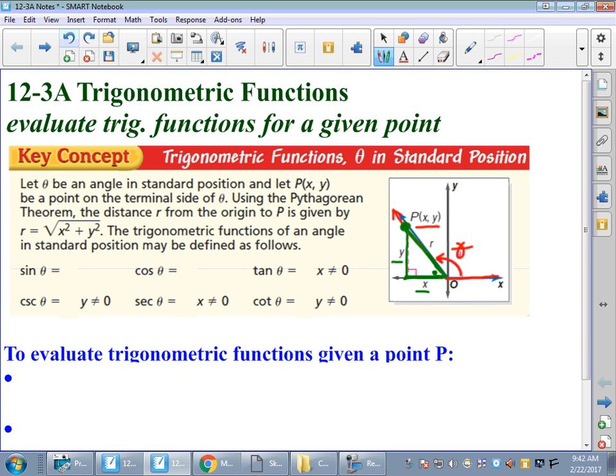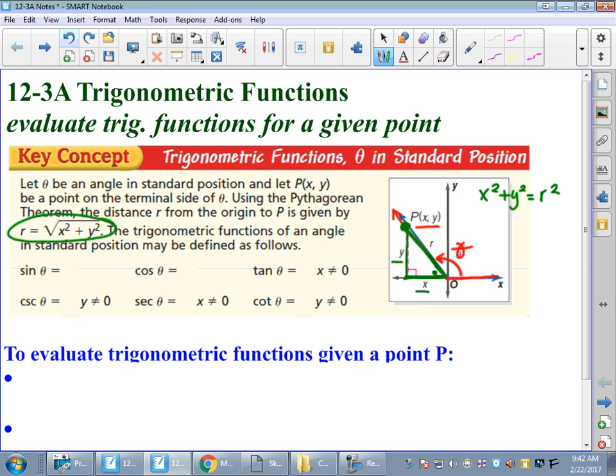Distance is never negative, so your r value is always going to be positive. Your r value is found by taking the square root of x squared plus y squared. It's actually just using Pythag. You're going to do x squared plus y squared equals r squared, that's your a squared plus b squared equals c squared.